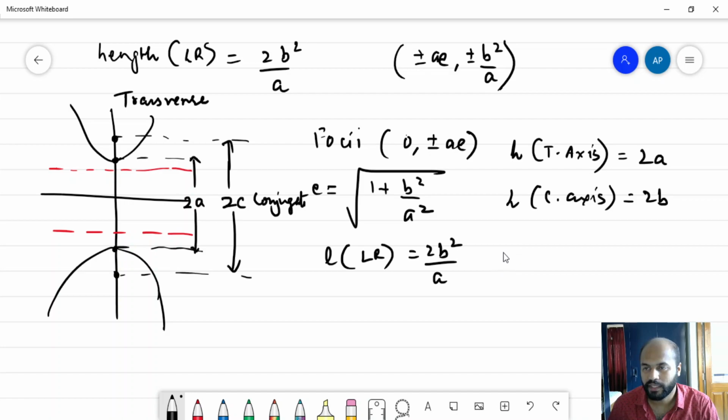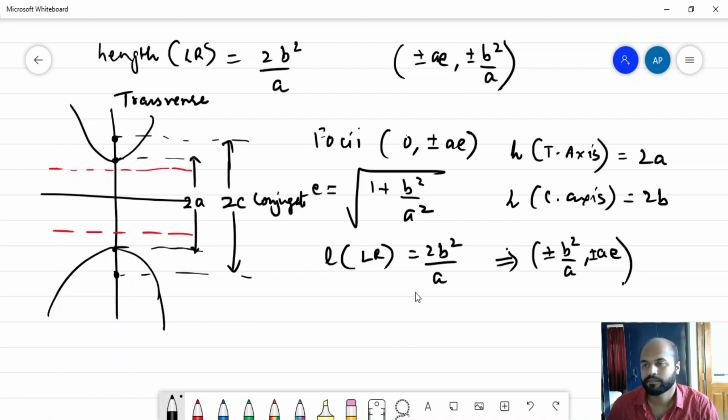And the coordinates of the latus rectum are going to be plus minus b square by a, comma ae.